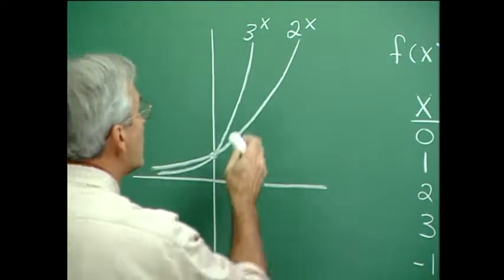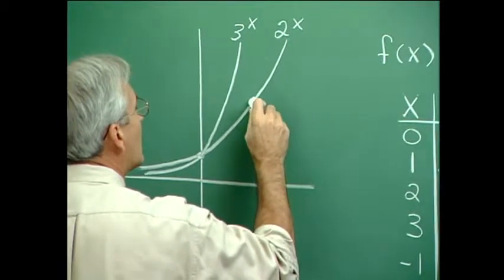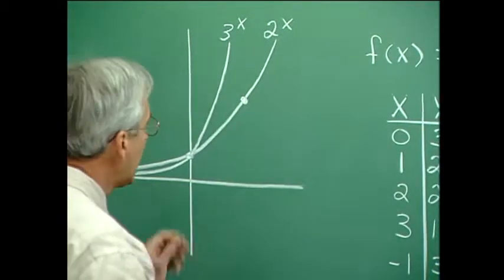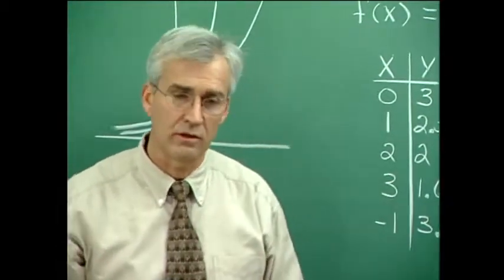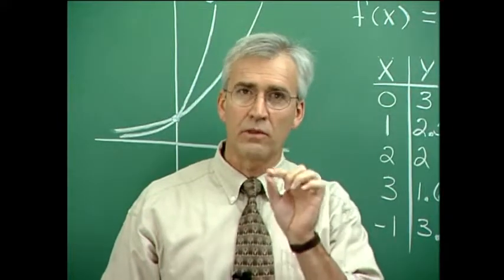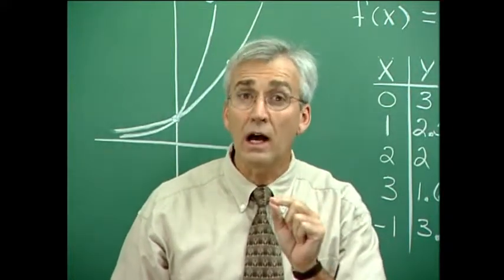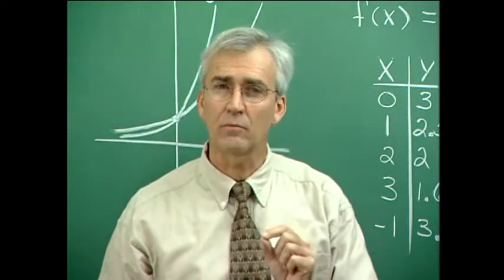Well, consider the idea that a graph, and more particularly a point on a graph, indicates a rate of change. And you'll study all about that in calculus. But the rate of change corresponds with the slope of that graph at a particular point.